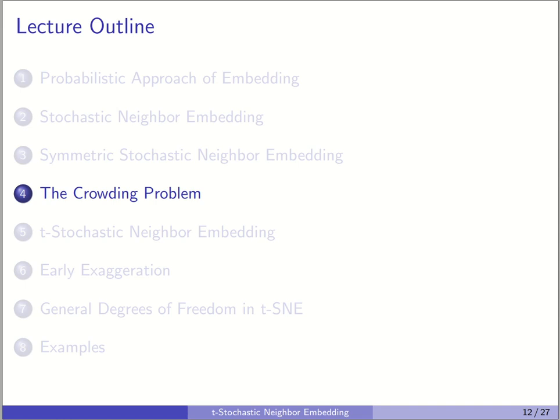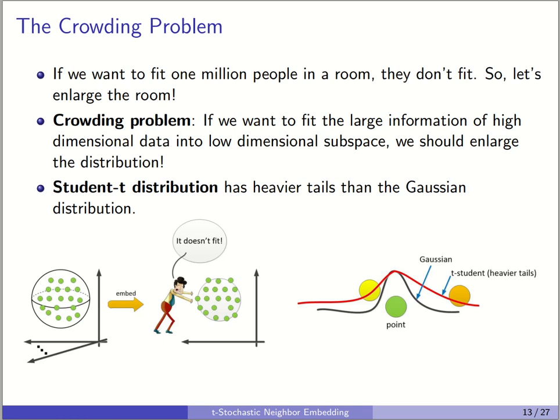First, t-SNE said that there is a problem with SNE, and that problem is named the crowding problem. What is the problem? I'll tell you. Assume that you have 1 million people and you want to fit them in a room, in a classroom. How do you do that? Of course, 1 million people do not fit in just a classroom.